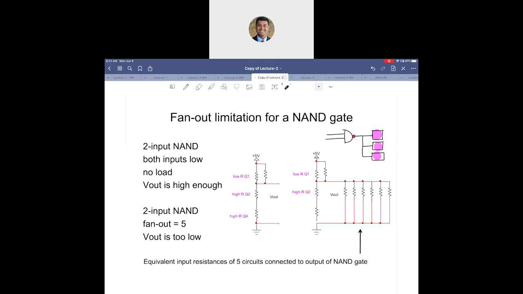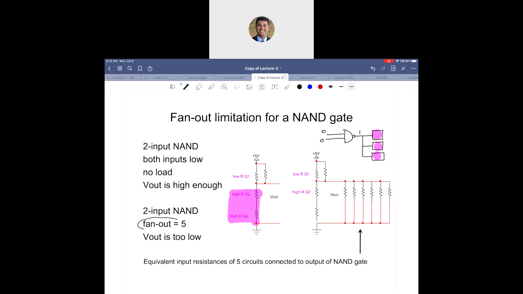In this diagram, we have represented 3 parallel loads connected to the output of the NAND gate. So coming back, with no load, V out is high enough because it is measuring the voltage across two high resistors, which is what we want, right? Because we have 0, 0, you want your output to be 1 for a NAND gate.